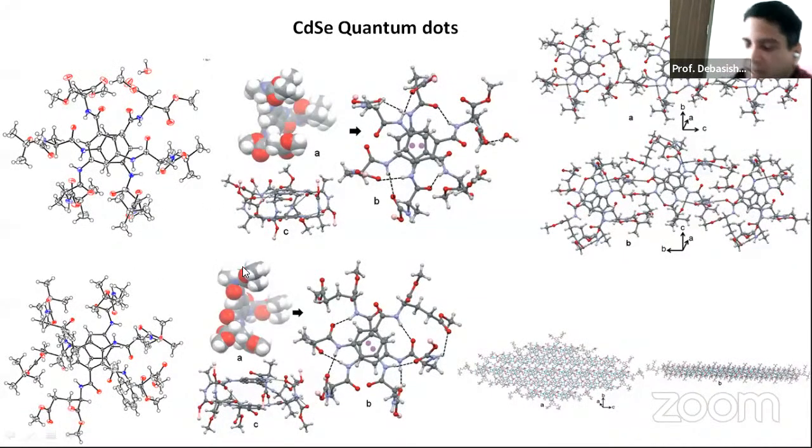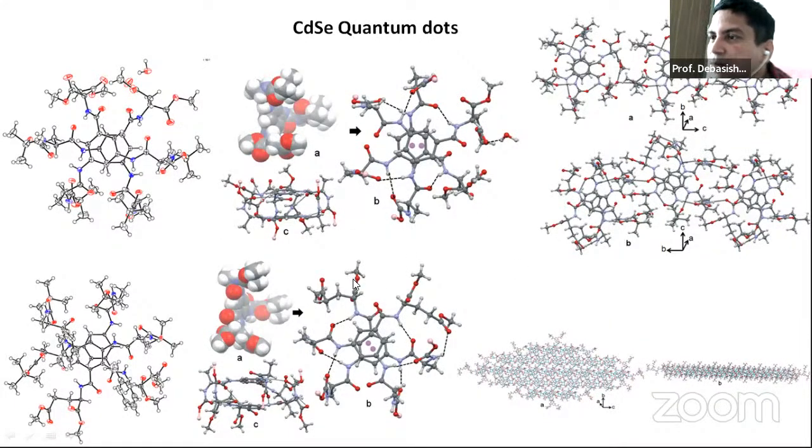What we find is that this kind of dendritic system, from the solid state, can form a ball-like structure. This is the single molecule, and here we can see the 3 aspartic acid or 3 glutamic acid, and with that they can form a ball-like structure.